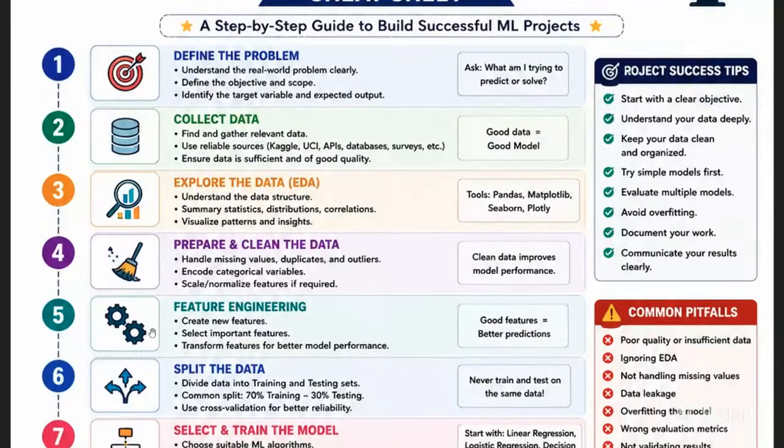Okay, so all these steps which we are using here up to five, whether it is feature engineering or whether you are preparing or cleaning the data, just like handling the missing values, duplicate values, outliers, encode categorical. Sometimes you have values we are required to encode. Okay, scale and normalize features if it is required.